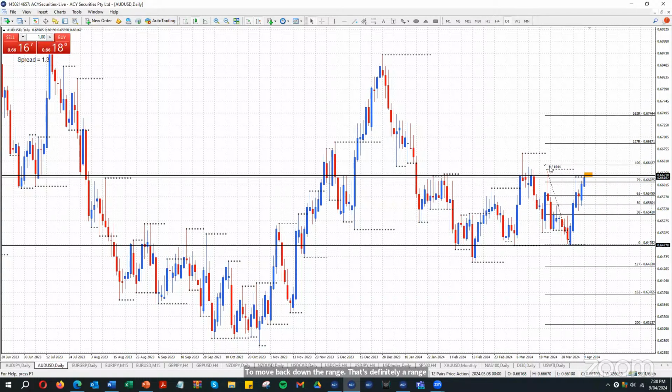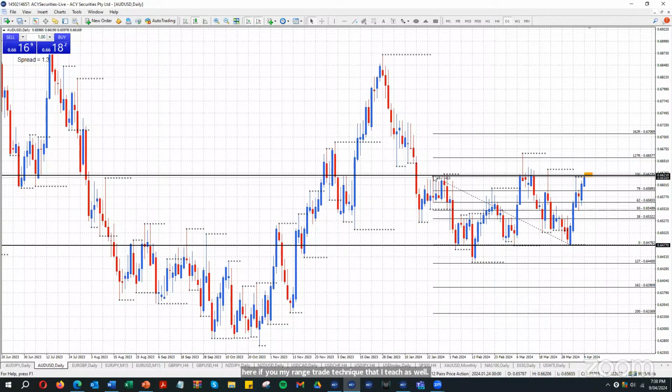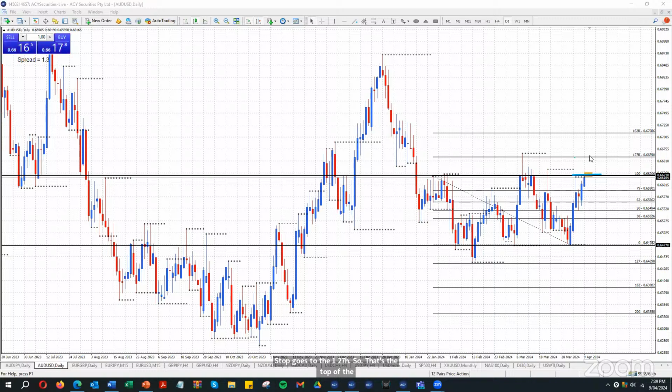My range trade technique that I teach as well, I'm using this as my range. You could be selling at the top of the range. We're there right now. Stop goes at the 127R. So that's the top of the range. You're selling. Stop goes to the 127R. If we're not going to break into a trend, we won't get to the 127R.